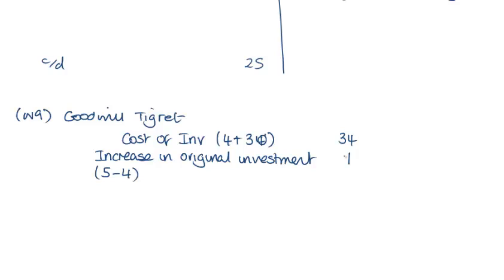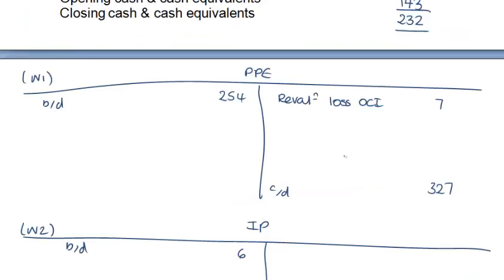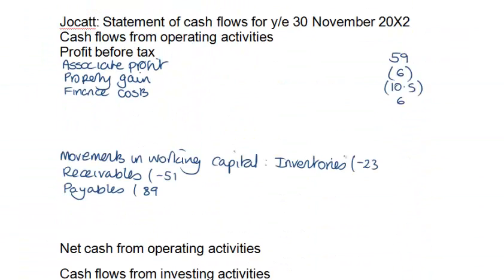Now, gains, we're told in this note, are taken to profit and loss. Is that gain a cash flow? No, it isn't. It's a revaluation. So what I'm going to have to do here is to go up to here and say gain on the Tigray shares. And that gain is 1 in the income statement, so therefore I'm going to take away 1.